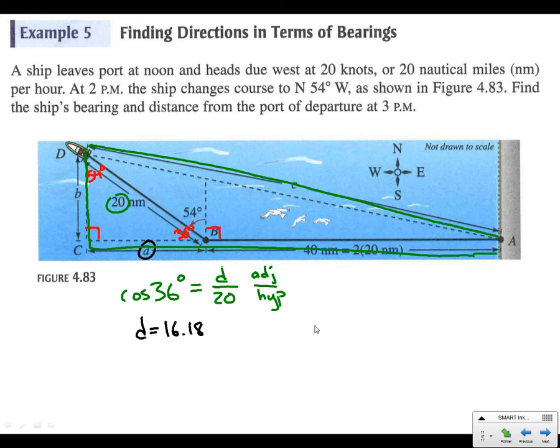Now we know the length of the long side. This whole thing is going to be plus another 40. That'll be 56.18. So we have one side. Can we figure out the other side? Let's figure out B. B would be the sine of 36, B over 20, opposite over hypotenuse.